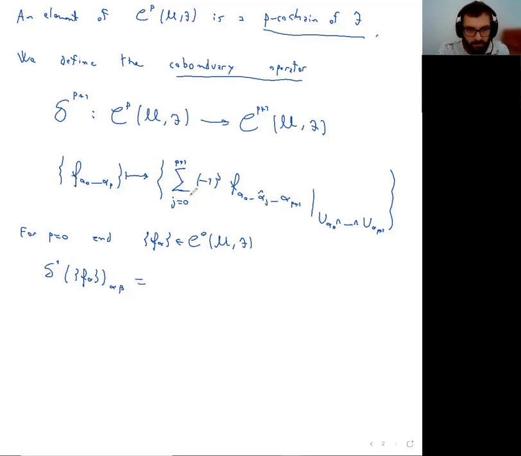For J equals 0, we need to skip the first index. So we skip alpha, and we put f beta, and we restrict it. And then for J equals 1, we get a minus sign, and then we have to skip the second index. So we get f alpha, and again restrict it to U alpha intersected U beta. Okay, so this is what it is. Let's also look at it for P equals 1.